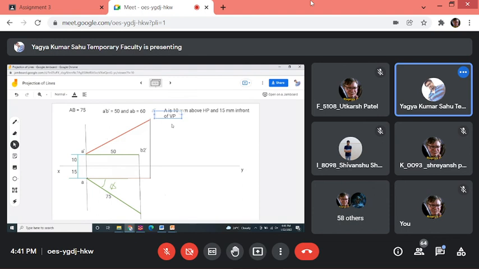This one B1 dash and below you'll get B1. Okay. And this is of length, इसका length है 60 and this is of 75. Draw projector line, sorry not projector, locus line. यहाँ पे भी locus draw करो and here also.